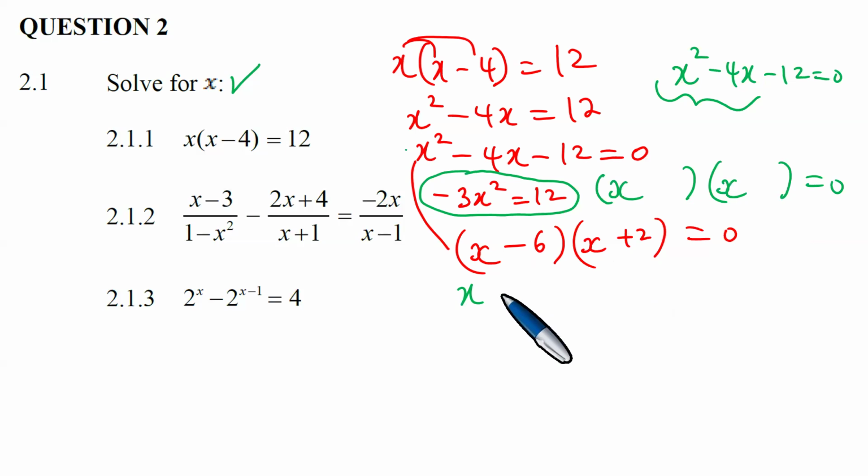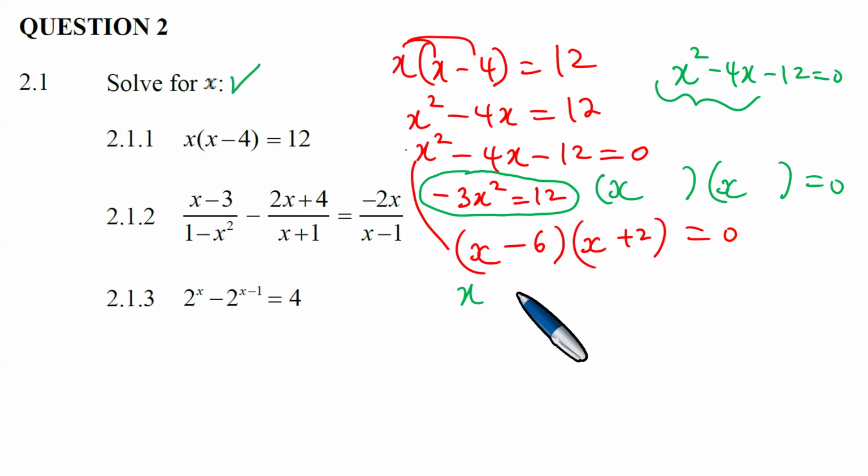What are they? Negative 6 times 2. So what do we do?